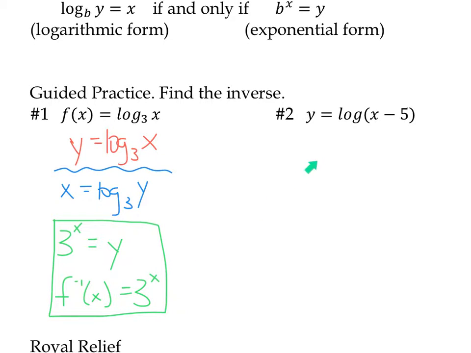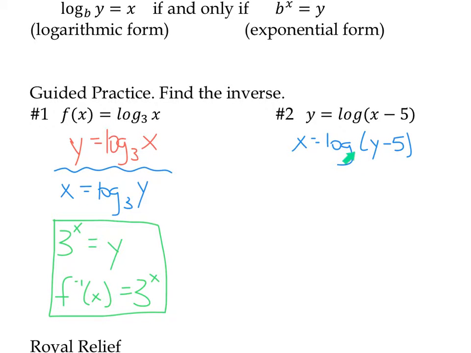So we're going to see where we can use that when we come over here as well in the second example. The first thing we want to do is switch the x and the y. So we're going to have x equals log of y minus 5. And now a key thing here to remember is this logarithm has a base. Even though there's not one written, when we don't write one, it's the common logarithm, which has a base of 10.